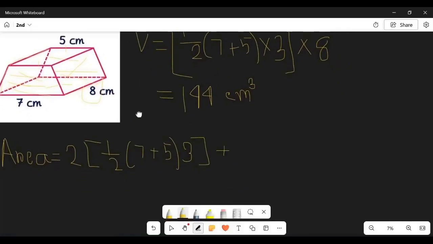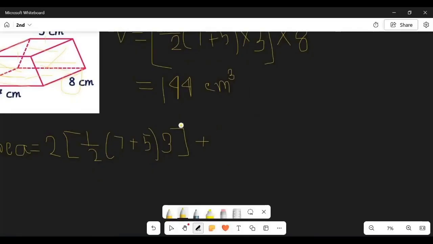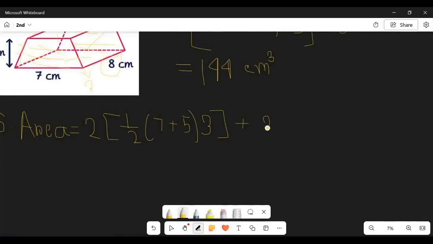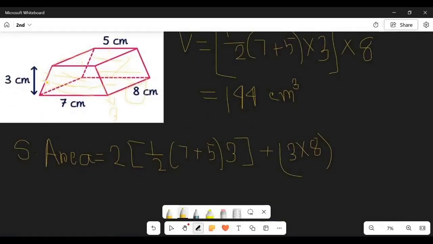Now let's just calculate the area of the right rectangle. 8, and this one will be similar to this one, so this is 3. 3 into 8. The rectangle at the left would be this length value is 3, and the width would be 8.